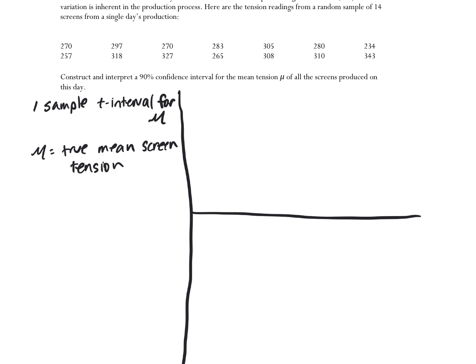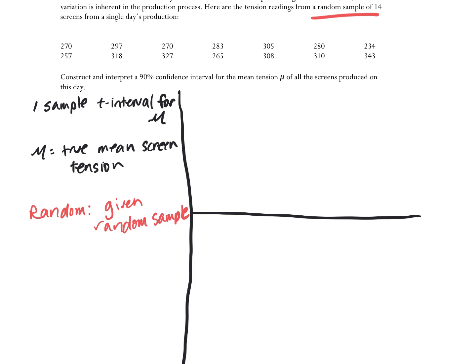Next is conditions. What's the first one? And is the random condition met? We're given it's a random sample. Cool.